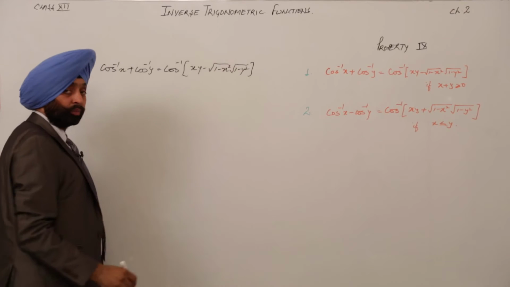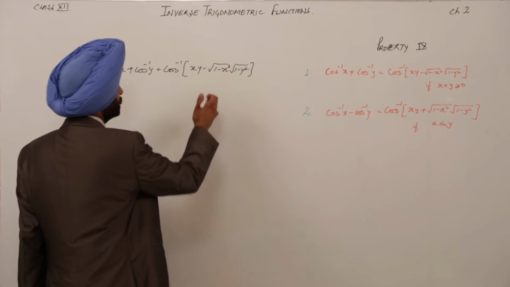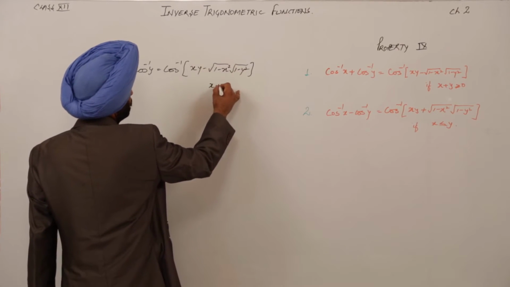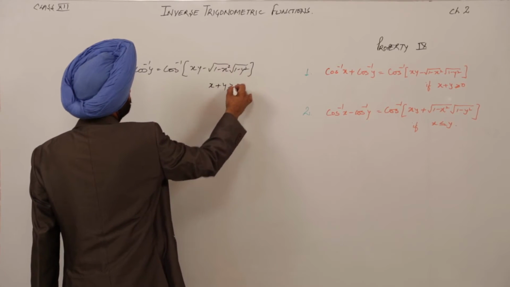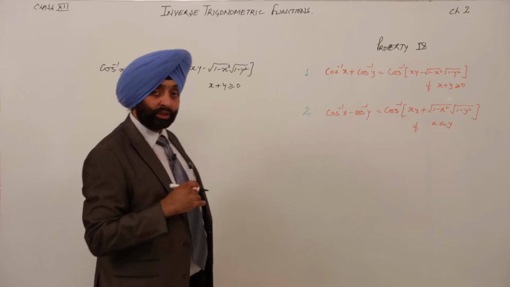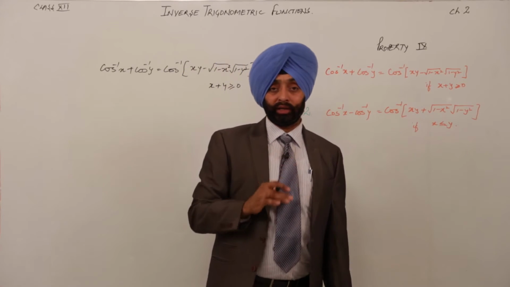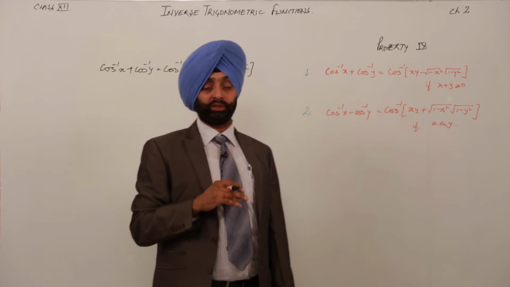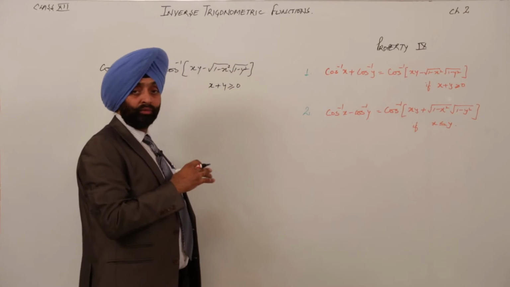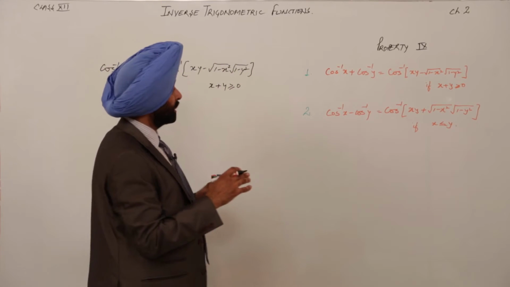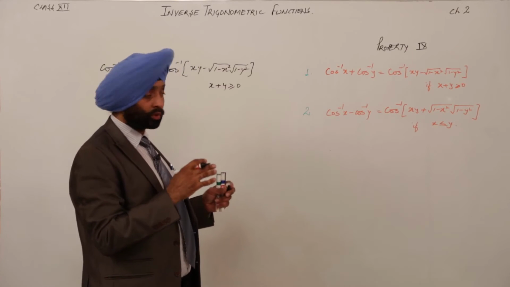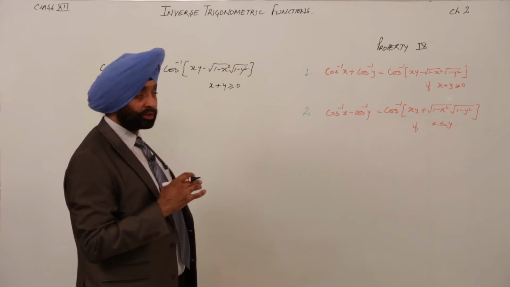Now this is the property, and what is the condition? The condition was x plus y is greater than or equal to 0. Yesterday for the 8th property we used a formula, sin of a plus b, sin a cos b plus cos a sin b. Now for this type we are going to use a formula where we can get cos on both sides. Okay. So we are using cos a plus b.